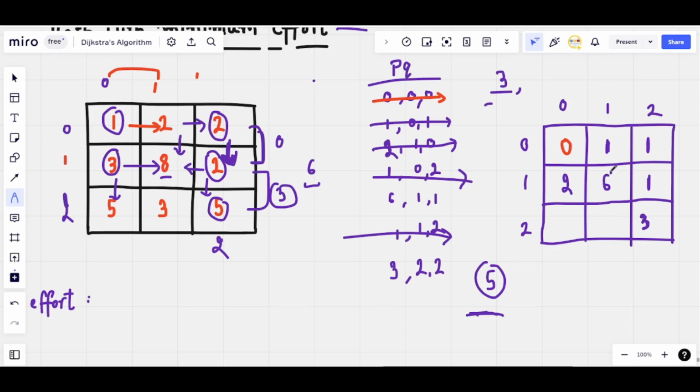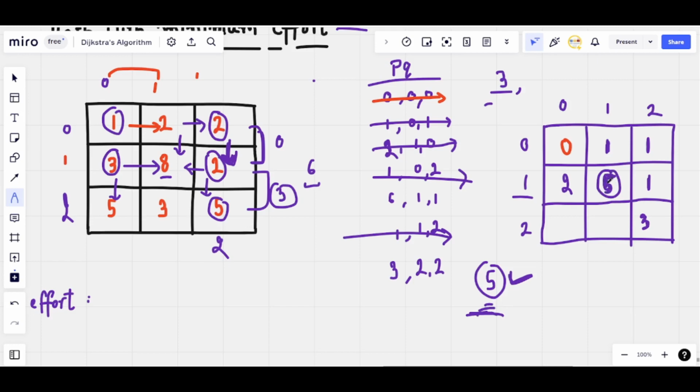Now we can see that the effort that we already have here for cell 1 1 is 6. But we are arriving at the same cell 1 1 through a better path, because in this new path, in which we move from 0 0 to 1 0, then from 1 0 to 1 1, the effort is 5 units, which is better than 6.